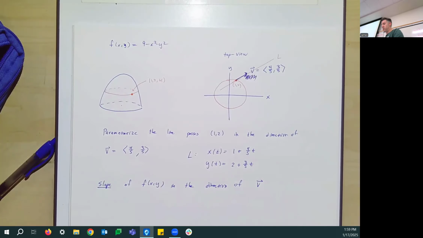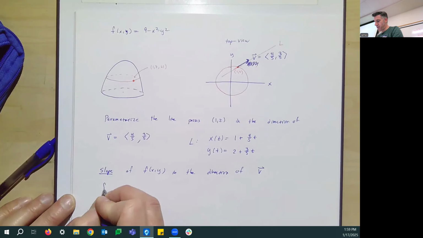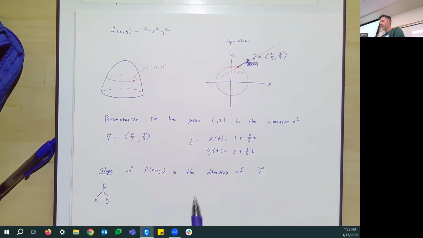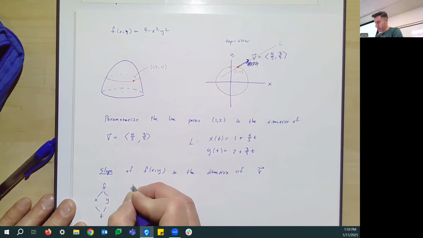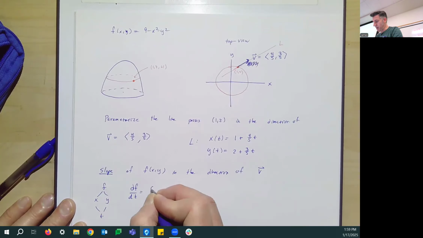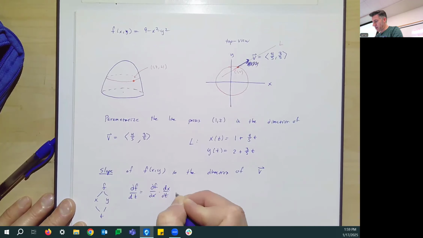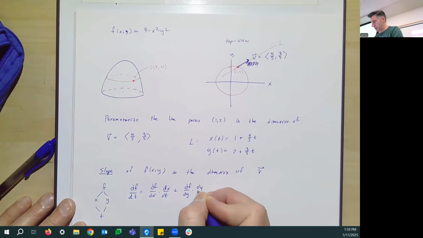F depends on x and y, and x and y both depend on the variable t. So df dt is equal to del f del x times dx dt plus del f del y times dy dt.